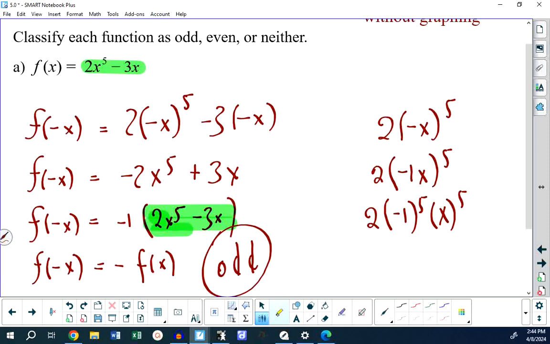And one of the reasons you can tell this function or the one on the previous page is odd is that the exponents are odd. Now don't take that too far, because all the exponents can be odd and the function can be even somehow. We'll get to that. Does that make sense?